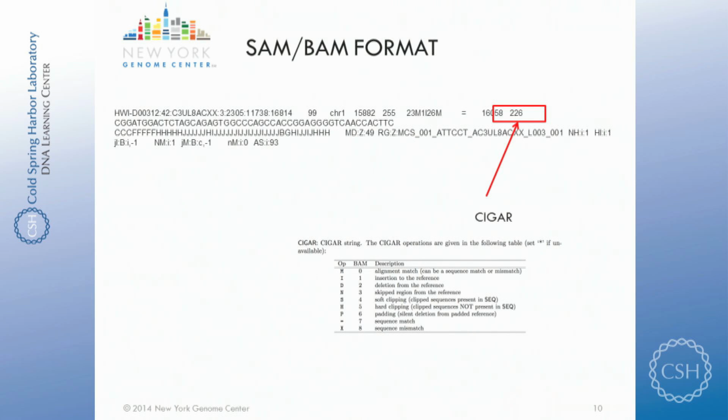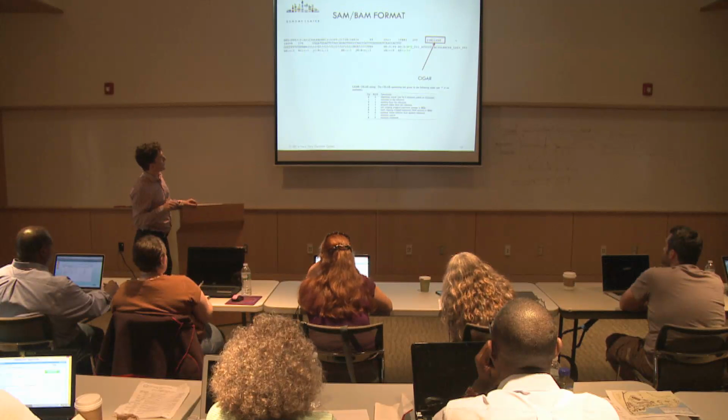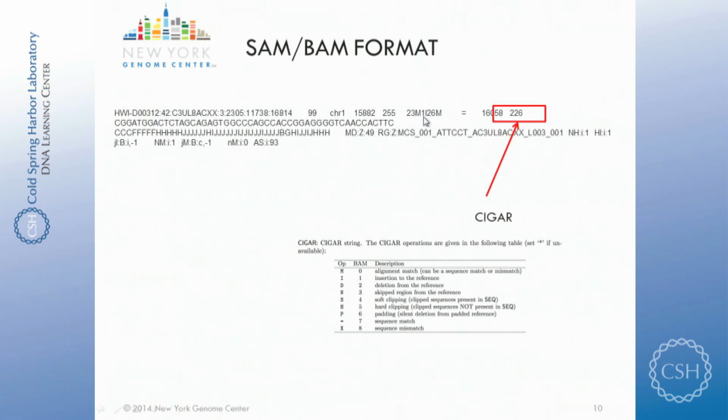So here, 23M. Out of this sequence, which I believe is 50 nucleotides, the first 23 match the genome. And then we have 1I, so we have an insertion of 1. And then 26M, so 26 match, okay? So the first 23 are mapping the sequence.